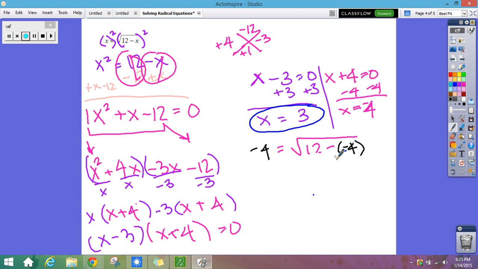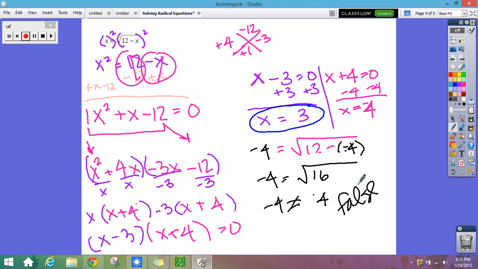And so now we have 12 minus a negative 4. That's like saying 12 plus 4. That's 16. And the square root of 16 is 4. That does not equal negative 4. So this is false. In other words, this is an extraneous solution. We cannot use it in our answer. So there's your answer, x equals 3, with an extraneous solution.